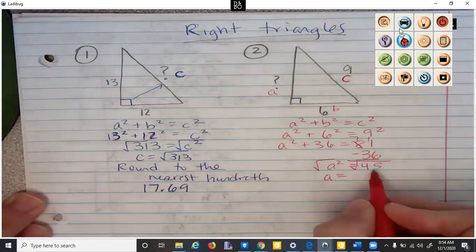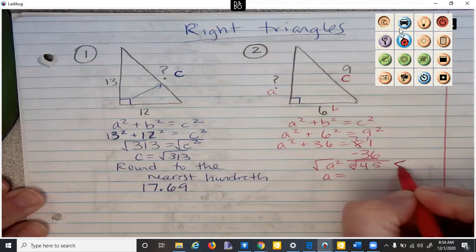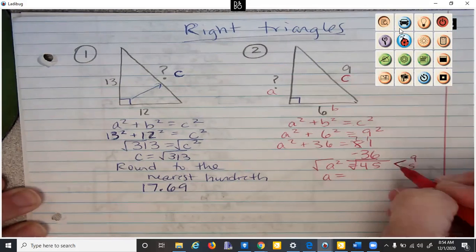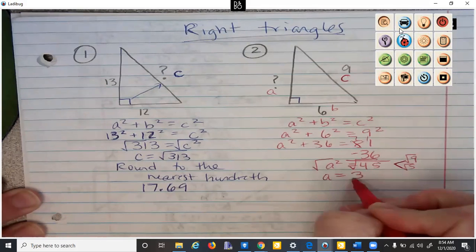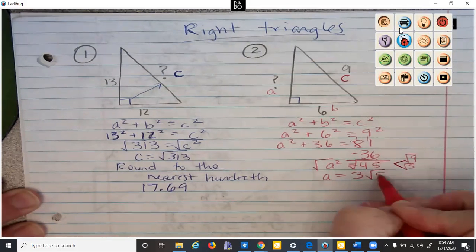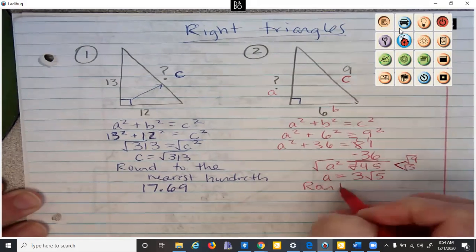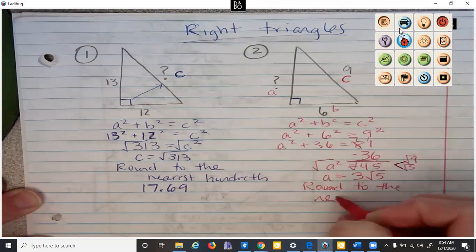45, we know a perfect square that goes into 45. What's a perfect square that goes into 45? 9. Good. And what is the square root of 9? 3. And then you leave 5 inside. That is the exact answer. Sometimes it will say round to the nearest tenth.